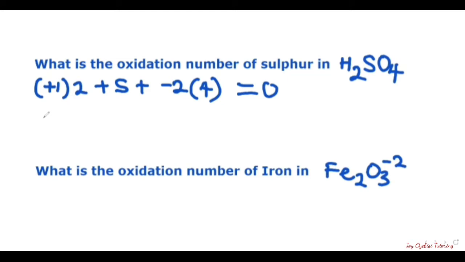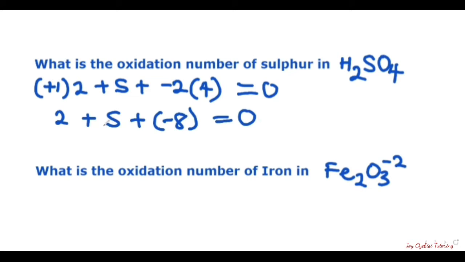Okay, so there are two ways to go about this. Before that, let's multiply this. This is 2 plus x, we don't know what that is, plus -8, equals 0. So there are two ways you can solve this. You can just try to give x a value that will make everything equal to 0.